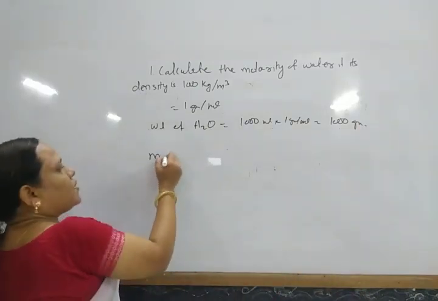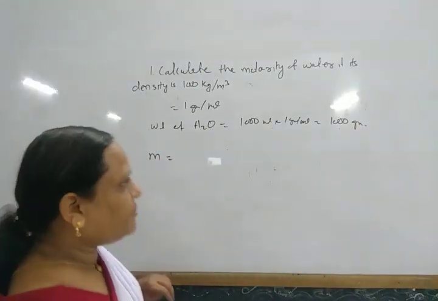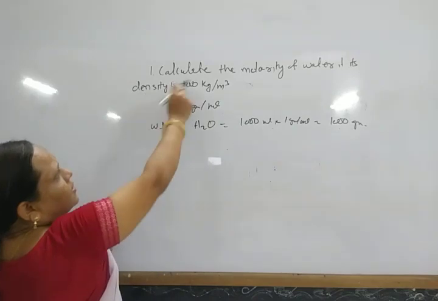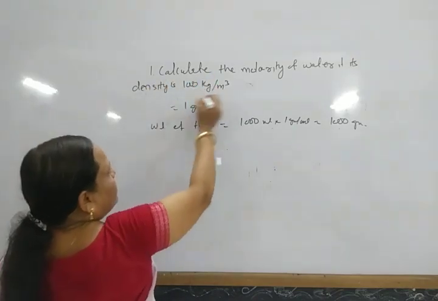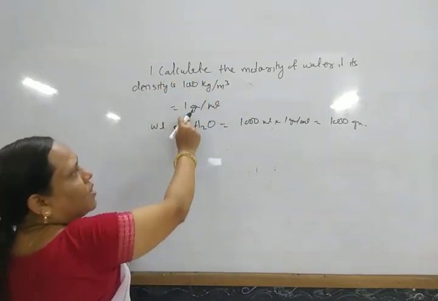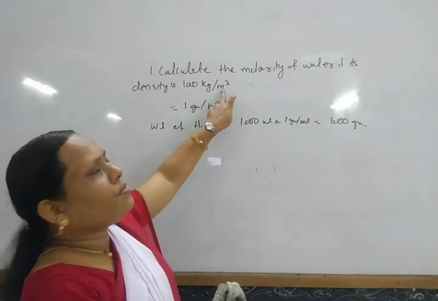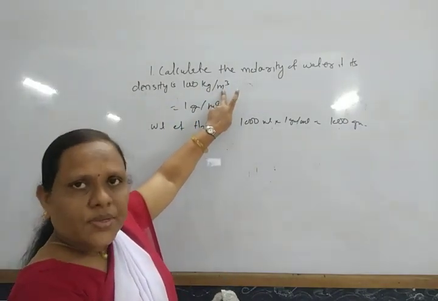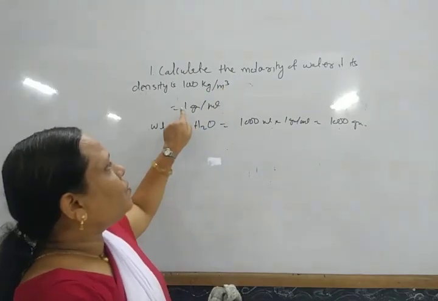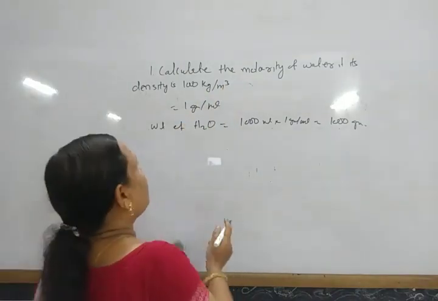If the density is given in kg per meter cube, convert kg to gram and meter cube to cm cube, so this becomes 1 gram per ml.